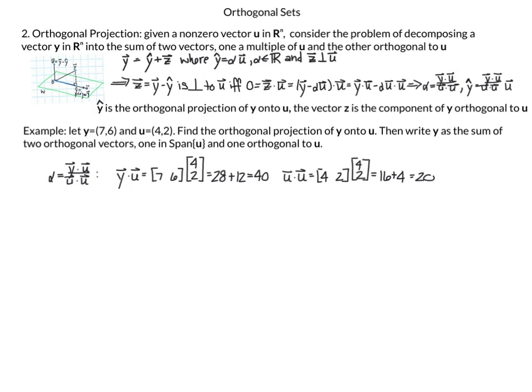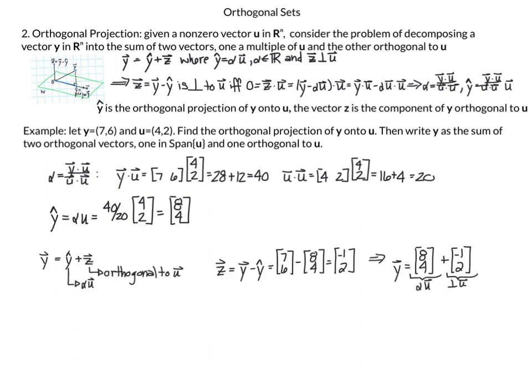So y dot u is (7, 6) times (4, 2), which is 40. And u dot u is equal to (4, 2) times (4, 2), which is 20. Which now means my y hat is equal to alpha, which is 40 over 20, times u, which is (4, 2), which is (8, 4). Now I'm going to look for my z, which is simply y minus y hat.